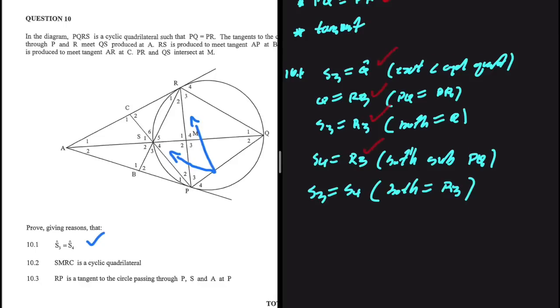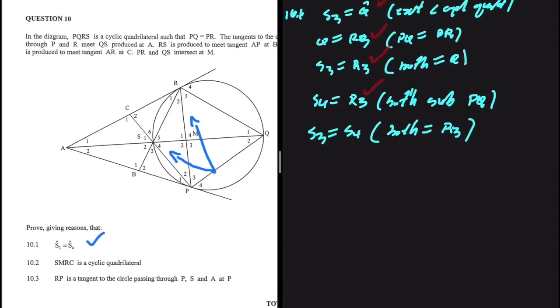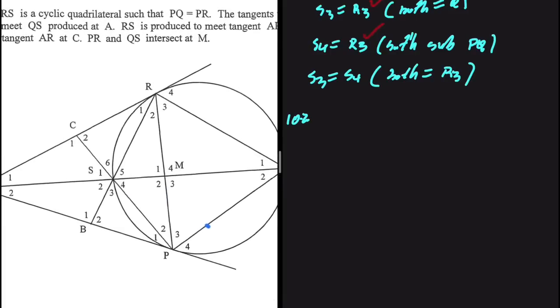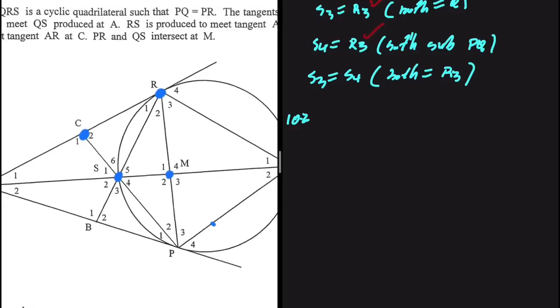Let's move forward and do 10.2. Let's prove that SMRC is a cyclic quad. Let me highlight SMRC and make sense of this question.